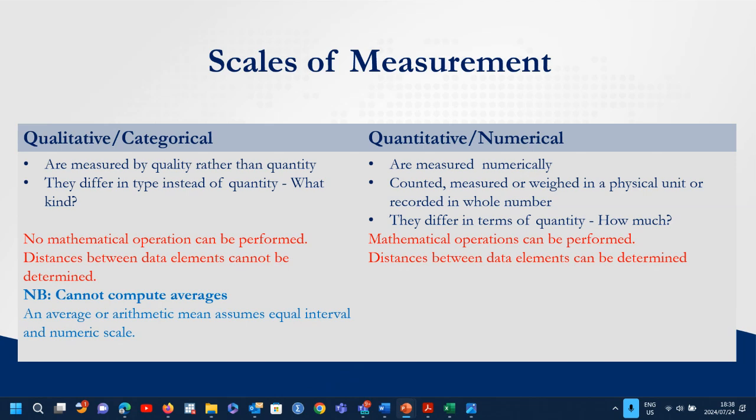For example, with hair color, you can't determine the distance between my black hair and the next person's blonde hair. And if someone says they have blue hair, what's the distance between blonde and blue hair? Whereas with numerical, the distance can be determined. If I say I'm 30 and you say you are 40, there is a 10-year difference. If the next person says they are 35, there is a 5-year difference.